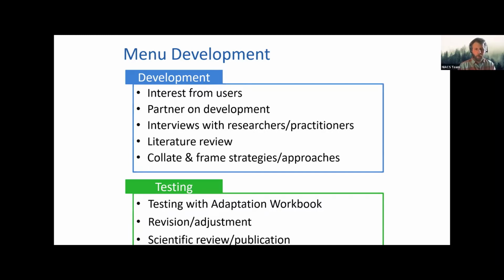Oftentimes we will do a lot of hands-on work with practitioners, with other researchers, folks who have that topical expertise, to make sure that we're not missing anything and to point us in the right direction. But the one thing that all menus have a strong emphasis on is the literature review piece.